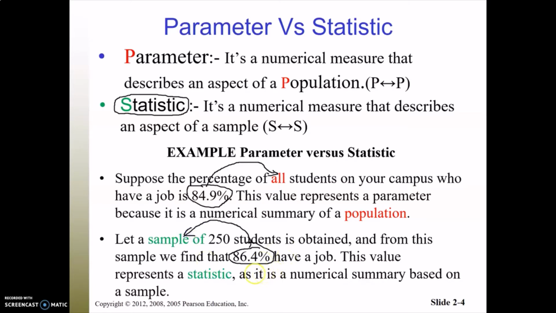It describes an aspect of a sample. For this reason, this is an example of a statistic. So it's very important that we understand the difference between a parameter and a statistic. Whenever we describe some numerical measure of a population, it is a parameter, and whenever we describe some numerical aspect of a sample, it is a statistic.